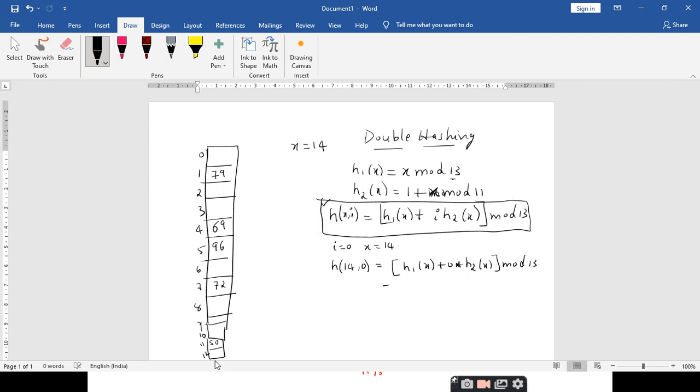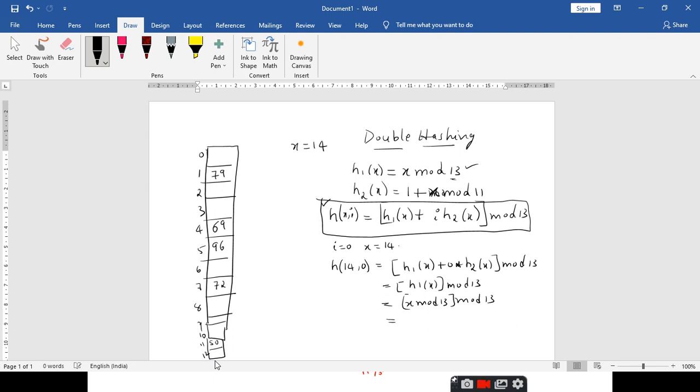So what is h1 of x? I have defined h1 of x as x mod 13. So h of 14 comma 0 will be evaluated to only h1 of x mod 13, and this is mod 13.